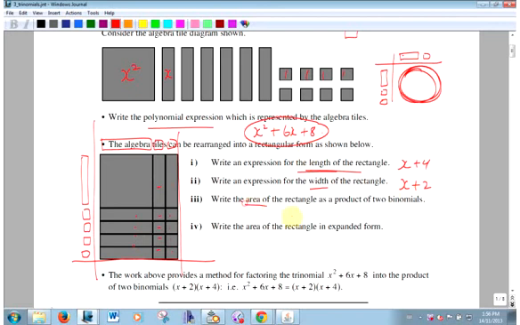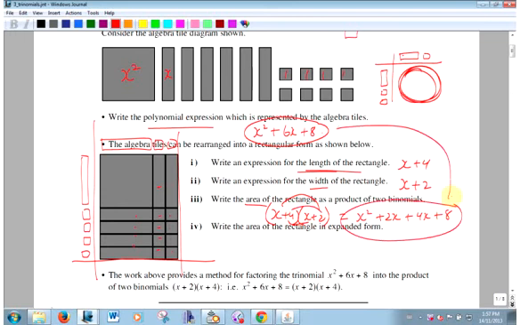All right? Write the area of the rectangle as a product of two binomials. Okay, well there's the length again, there's the width. Okay, if I FOIL this, this was last chapter, x squared and 2x, and inside is 4x, and last is 8. Is that the same as this?